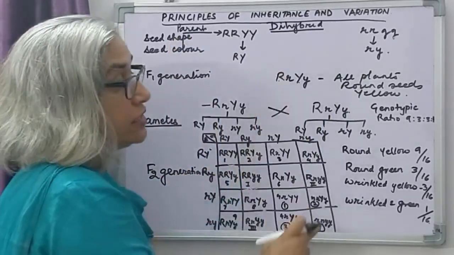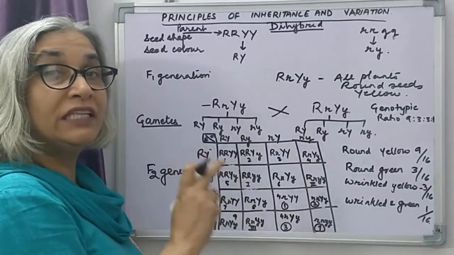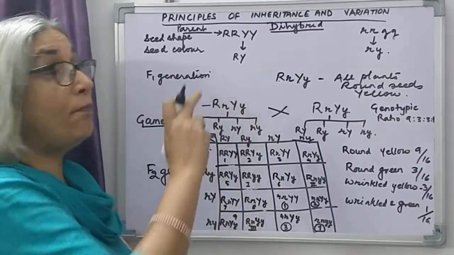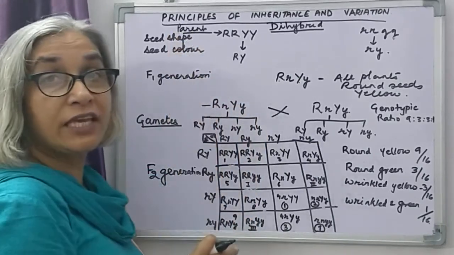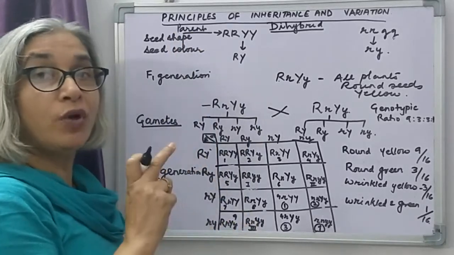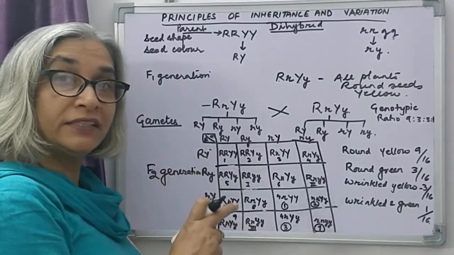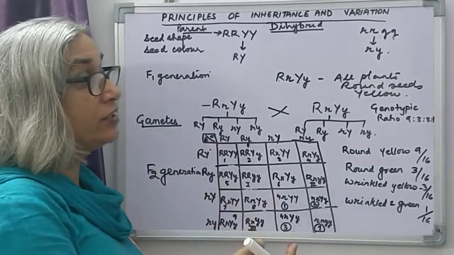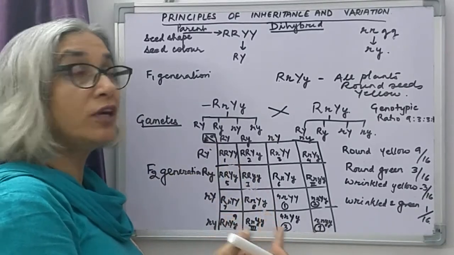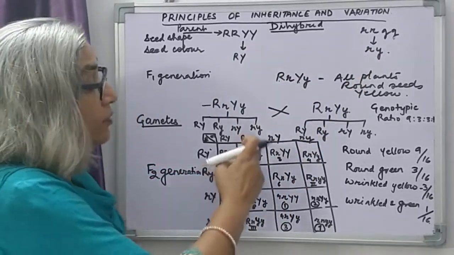Now based on this dihybrid cross, the third law of Mendel states that whenever 2 pairs of contrasting characters are taken into consideration in a hybrid, the segregation and inheritance of each pair is independent of the other, because there is no mixing of characters that is taking place.